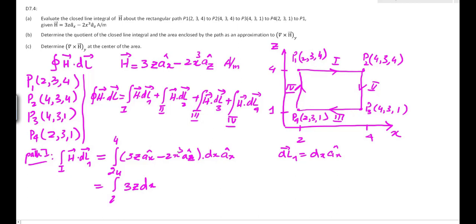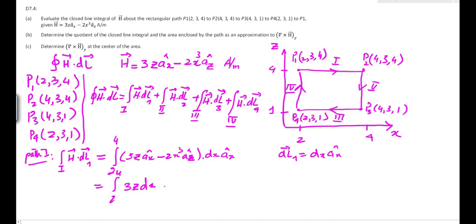The other components of H which are not along the path direction are not contributing. So if you know the direction of the path, you can take only that component of the H field and consider it as the component of this line integral.